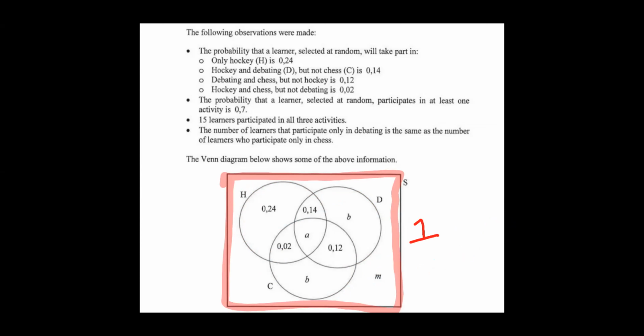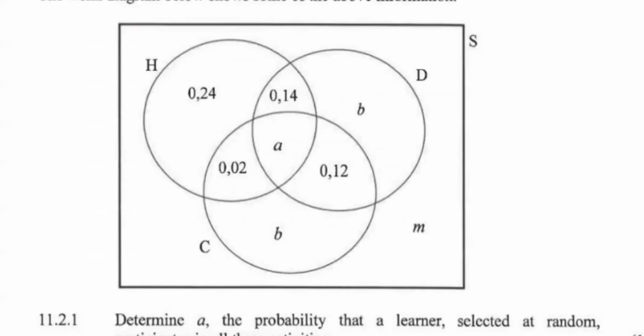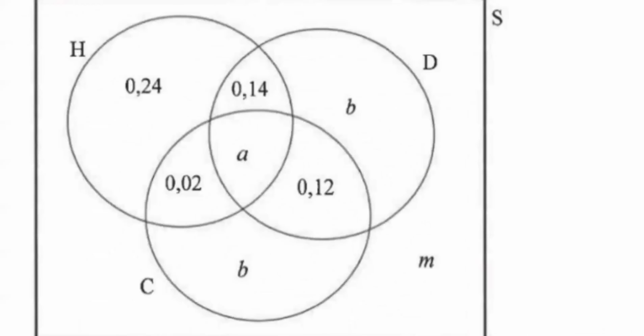I got B as 0.04. I feel like that is the correct answer. Guys, don't you want to double check your things, please? Because I remember doing this previously, and I don't remember 0.19 as the correct answer.